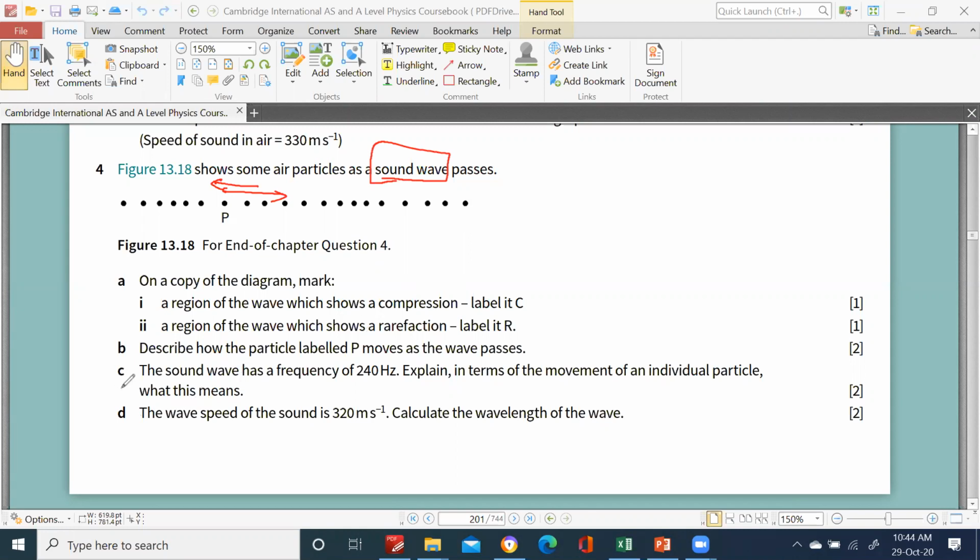Then part C, the sound wave has a frequency of 240 Hz. Explain in terms of movement of an individual particle what this means. What does this mean?